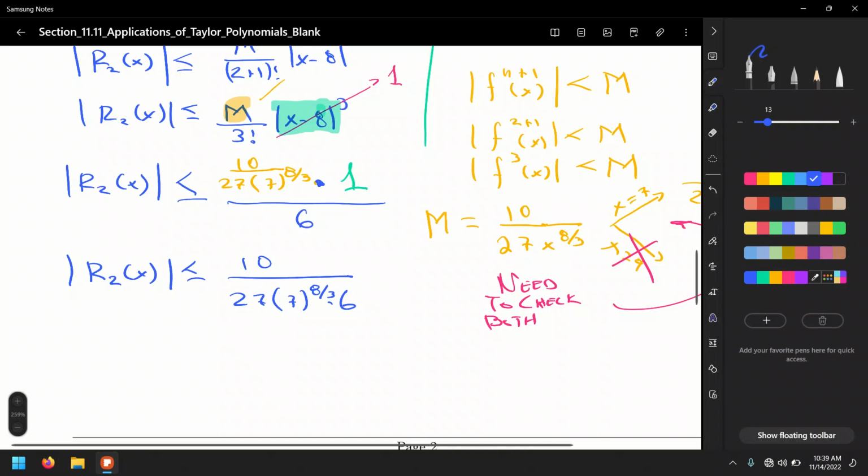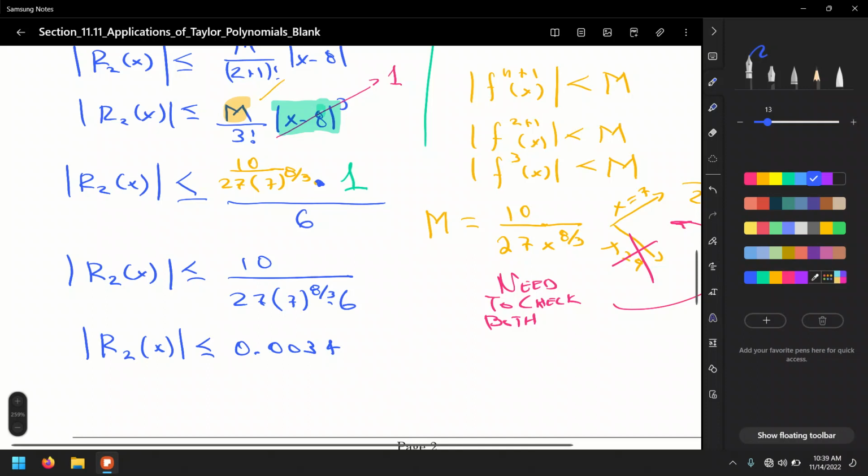So after simplifying all this, the remainder of using the second polynomial, the second degree approximation, is 0.0034. Well, all this crunching of numbers, symbols, inequalities, what does that value represent?